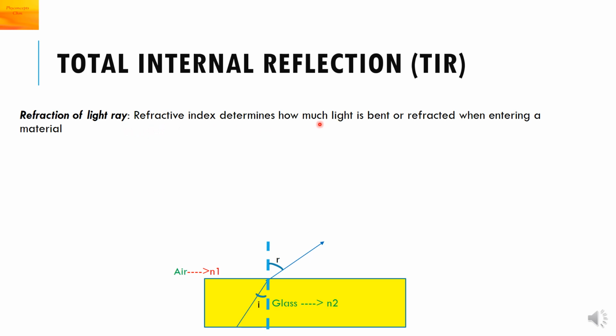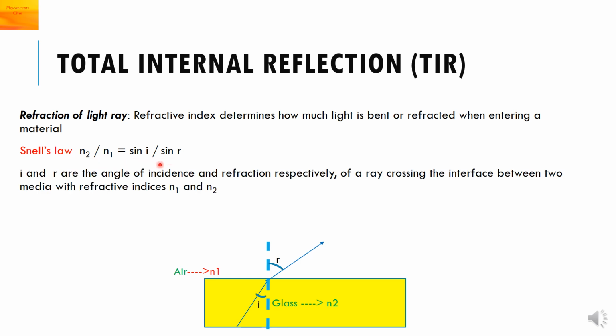Refractive index determines how much light is bent or refracted when entering a material. We know the famous Snell's law, which gives the ratio of the refractive indices of two mediums. N2 by N1 is equal to sin I upon sin R. We can see here two mediums, air and glass.